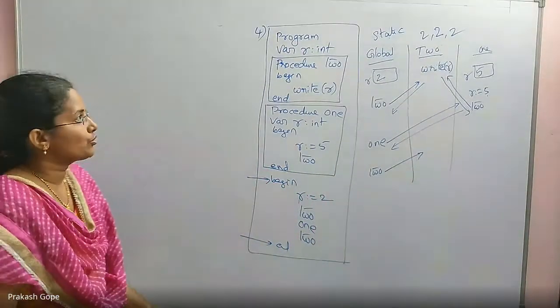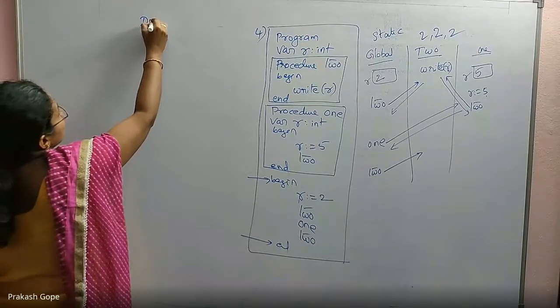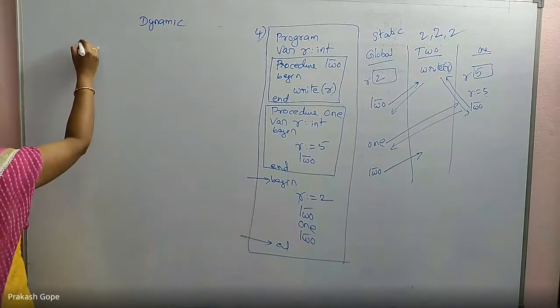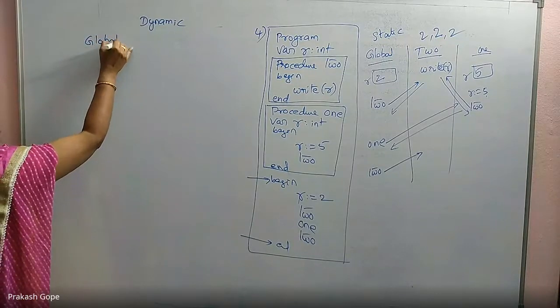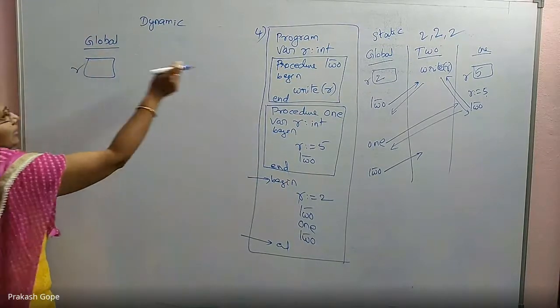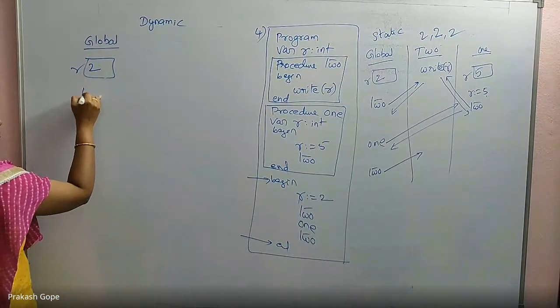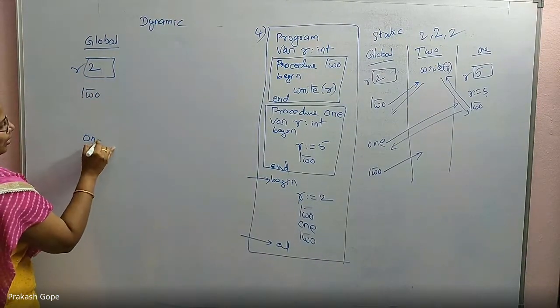How about dynamic scope? This is the global environment in which there is a variable R declared, initialized to 2. Call procedure 2, then 1, then 2.